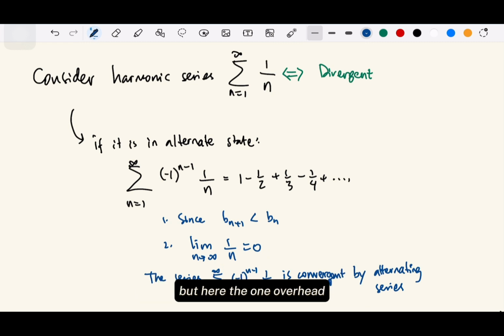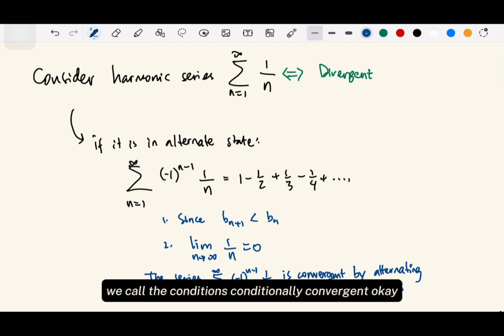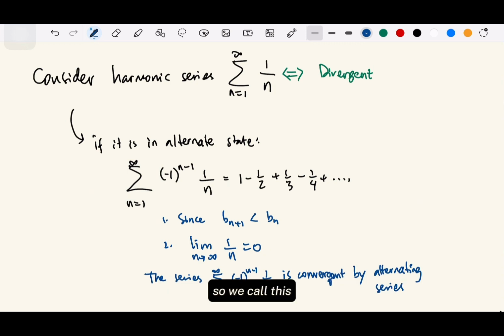But here, with only 1 over n, the series diverges. But by the alternating series test, it converges. So it diverges but converges as an alternating series. We call this conditionally convergent.